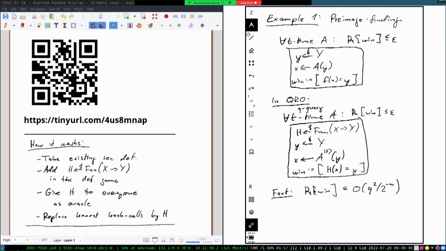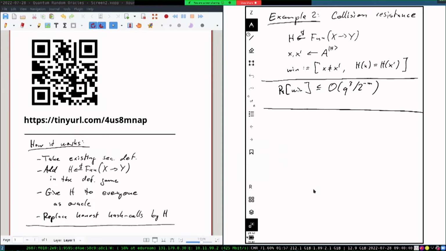Okay, so let me now state the pros and the cons of the QROM that we can compare with the classical case. Some pros are it allows us to overcome impossibility results, like the classical one.